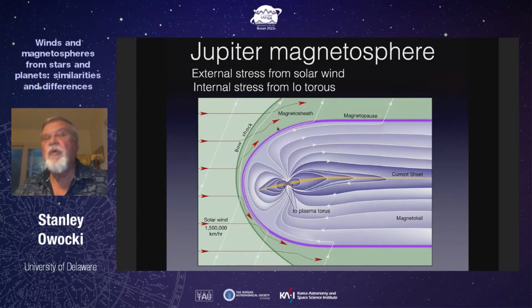But in the case of Jupiter, for example, we have two sources of stress. We have the solar wind impacting the magnetosphere, but also Jupiter has this volcanic moon called Io. And when sulfur atoms are kicked up by the volcanoes of Io, they get ionized by the solar UV light, and then they get trapped on the magnetic field of the rotating Jupiter.